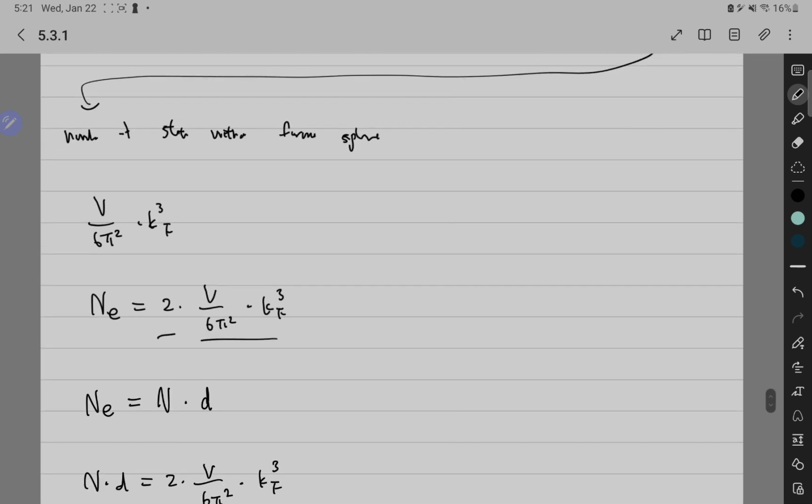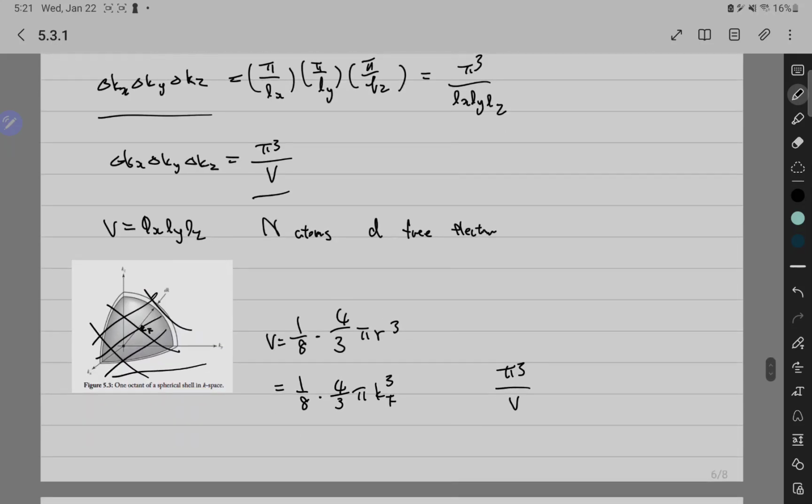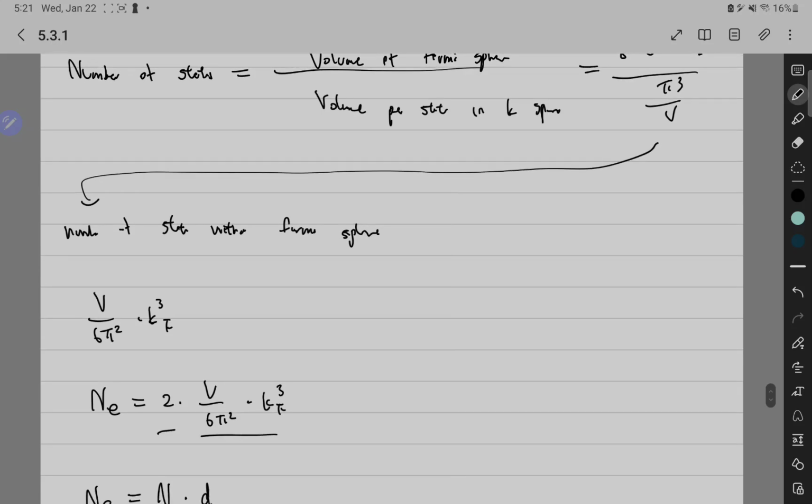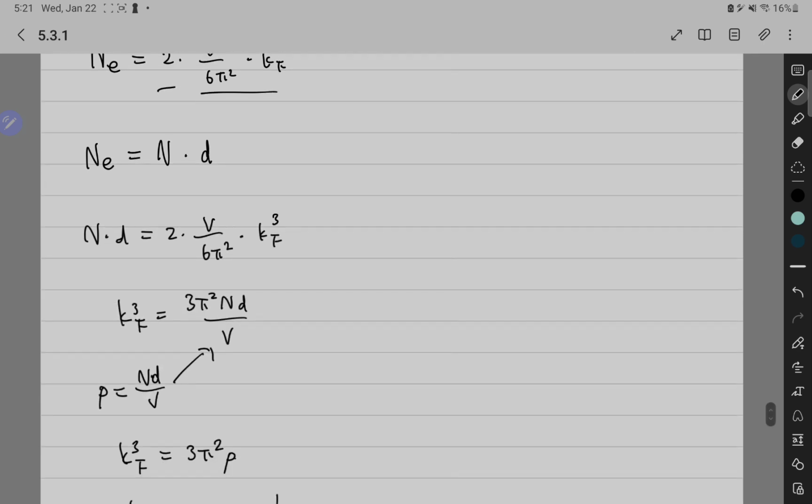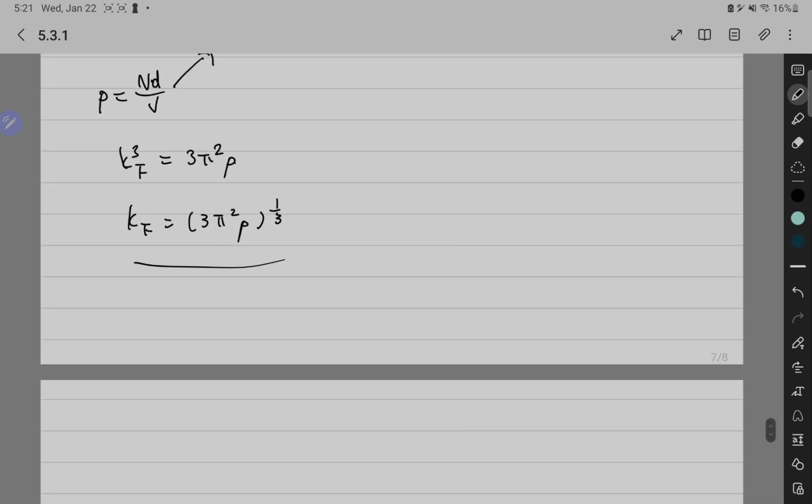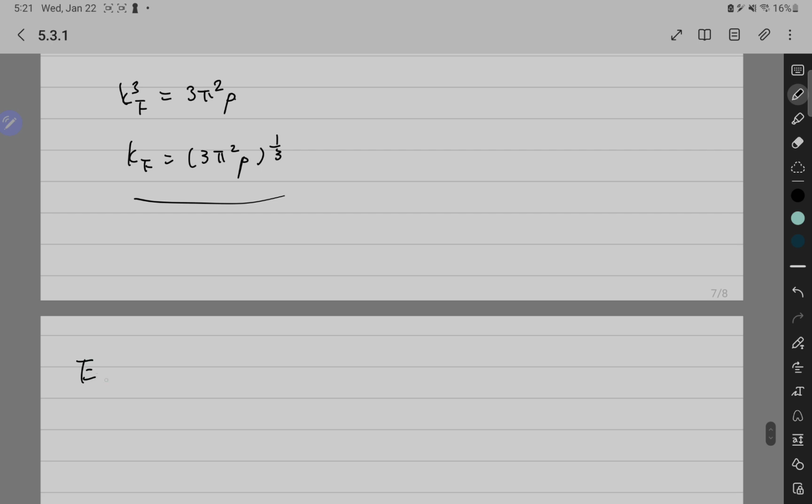The energy at the surface of this Fermi sphere is called the Fermi energy, and we can derive this. We have kF equal to (3π²ρ) to the power of 1/3, where ρ is equal to nd over V. If you recall from my part 5 video, which was a long time ago, the total energy was a summation over x, y, z, because we broke the wave function down into 3 components.